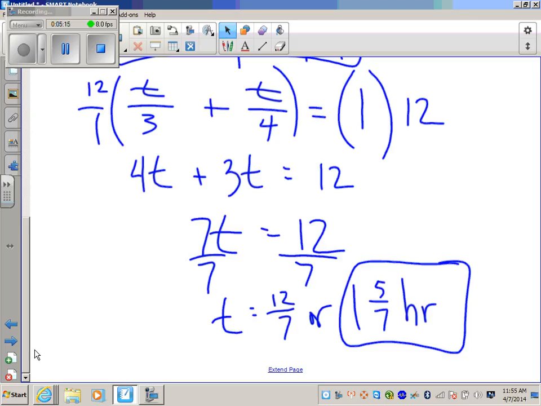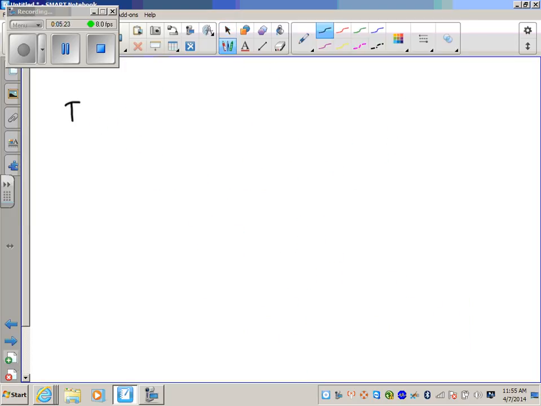So let's play the game a little bit. Look at exploratory. Exploratory number 1. Louisa can paint her house in 8 days. Okay. So what part of it can she paint in 1 day? One eighth. What part of it in 3 days? 3/8.